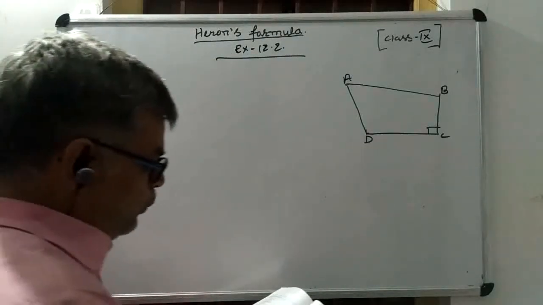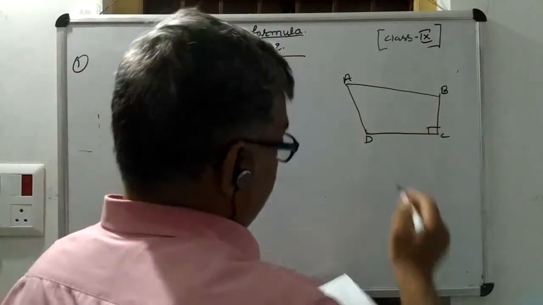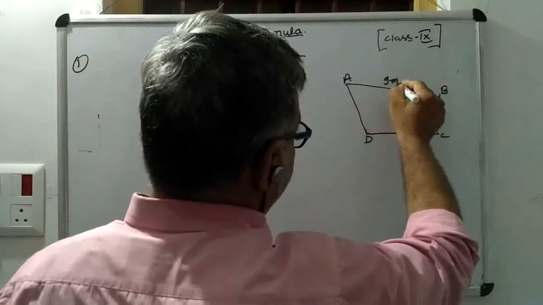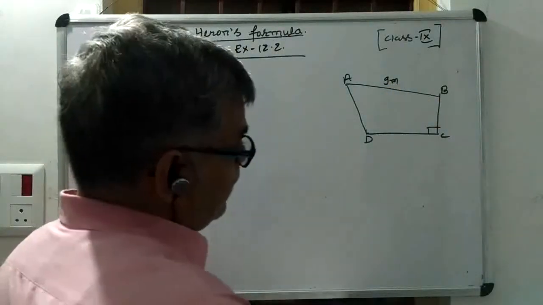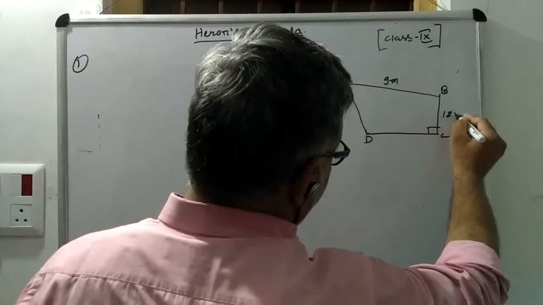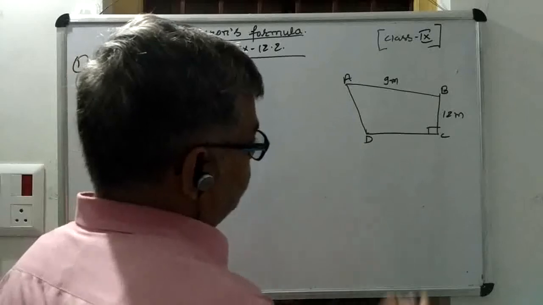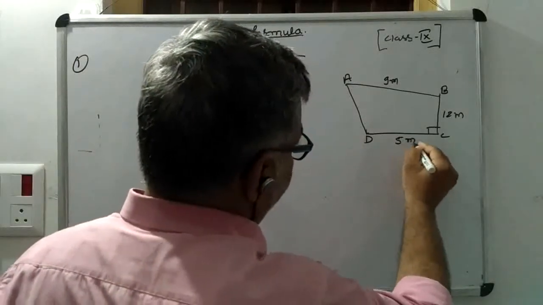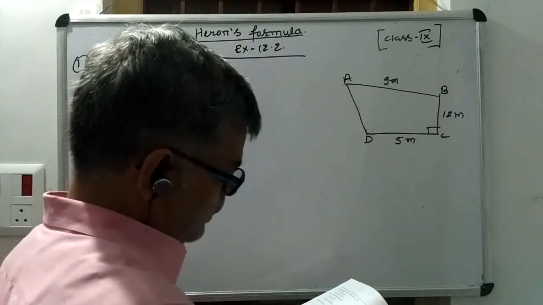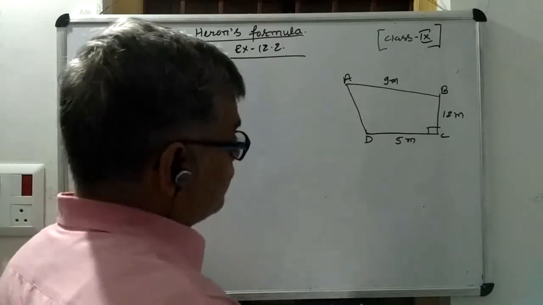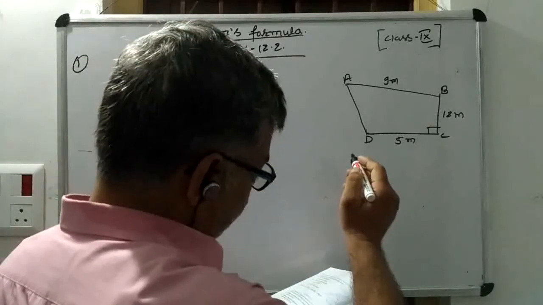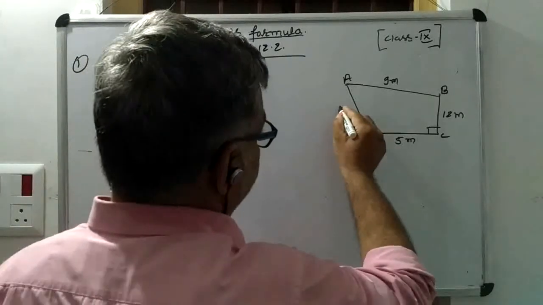AB equals 9 meter. BC is 12 meter. And CD is 5 meter. And AD equals 8 meter.